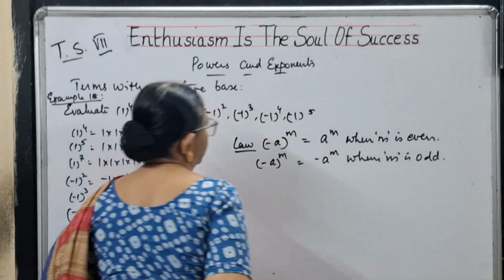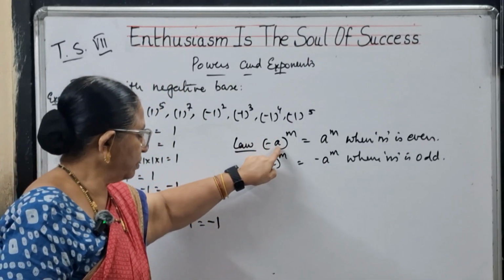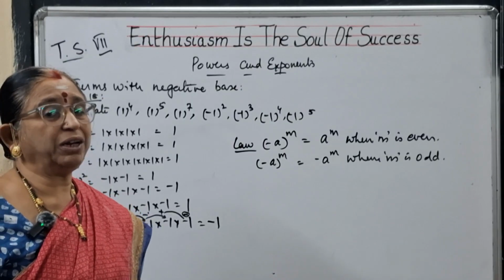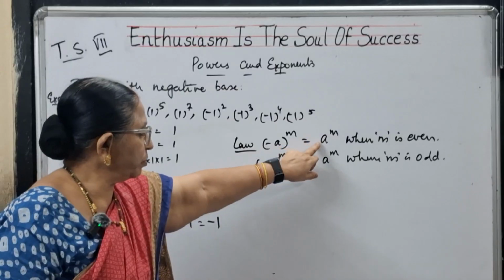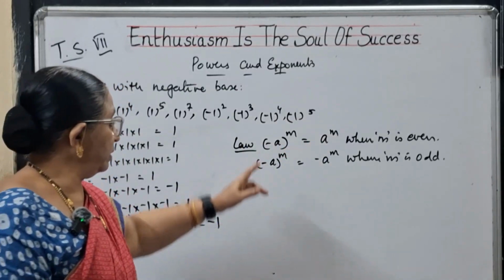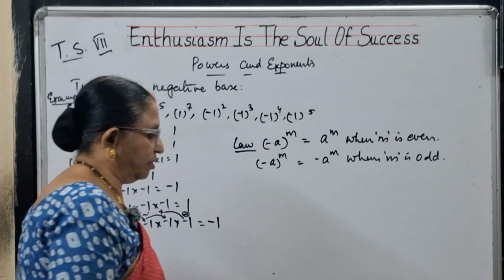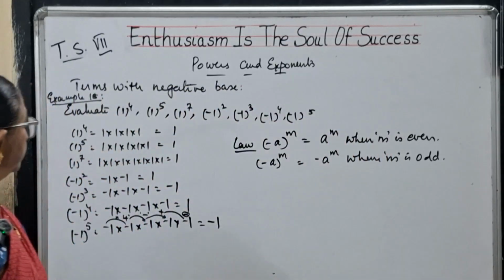This law you should know, children. Any negative number with some base and power, you need to see whether the power is an even number or an odd number. If it is an even number, minus becomes plus. If it is an odd number, this minus will exist as it is. So this is one more law, children. Please note it down.